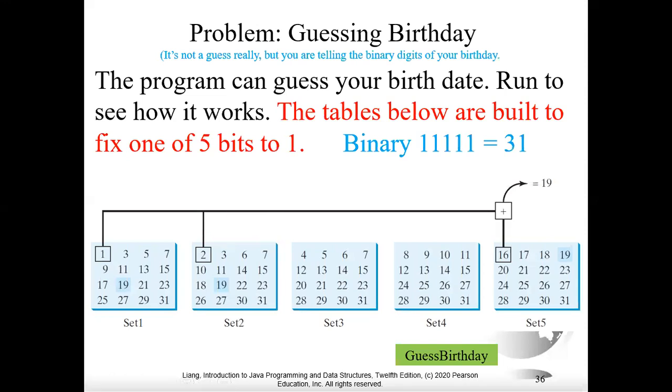A program can guess your birthday, so run it to see how it works. The tables below are built to fix 5 bits to 1. So binary 11111, 5 bits, equals 31. Do you agree with me?